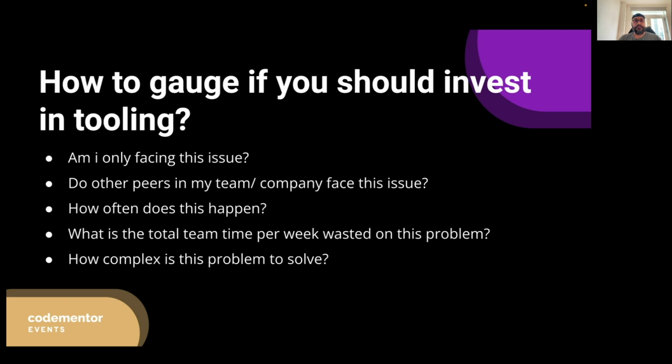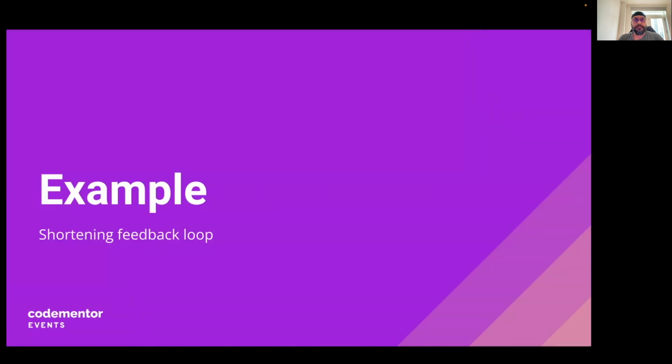That's almost one single engineer's work per day, even more than that. So that seems to be a good estimate that I use to pick up a problem which I want to solve. That's basically how I gauge whether I need to invest in a particular problem or not.